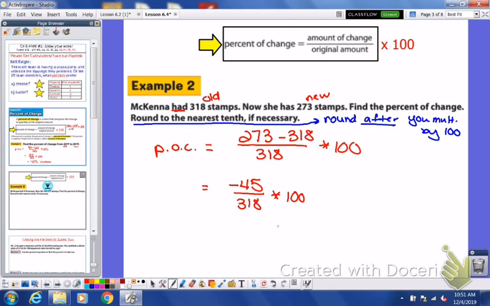So if we do all of this at once, that'll help us. So negative 45 divided by 318 times 100 gives us a negative 14.2%. Since it's negative, it was a decrease. Negative 14.2% decrease.